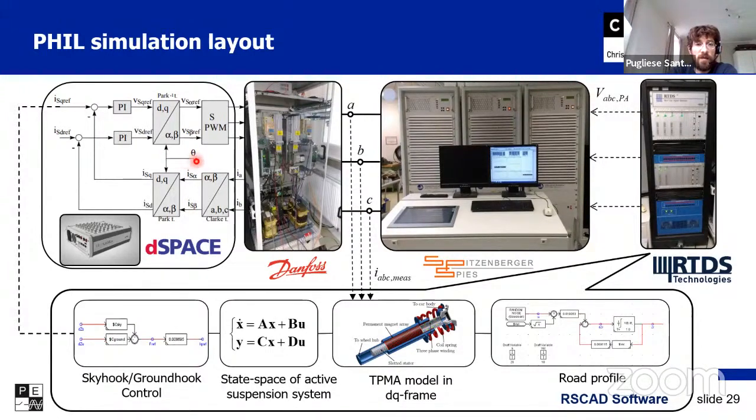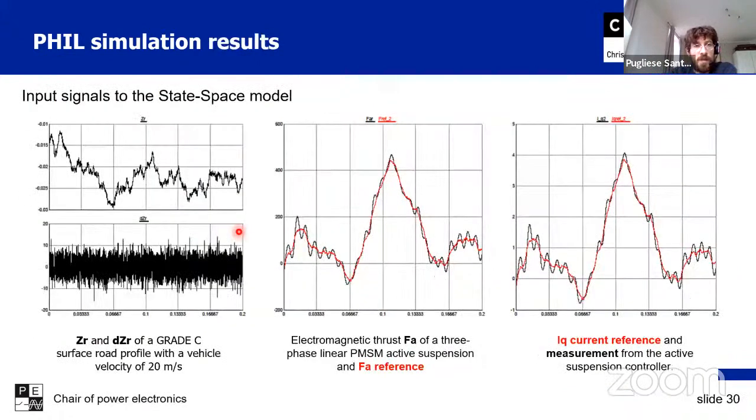Theta is the angle needed for the transformation, because we are working in the synchronous reference frame, and this theta is information about the elongation, the linear excursion, of the tubular permanent magnet actuator, which is moving vertically. It's not rotating.